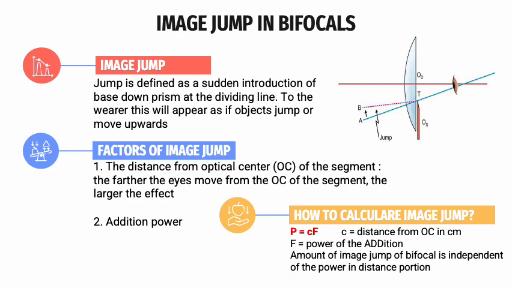The effect of the image jump can be calculated using Prentice's rule, P equals CF, where P is the prismatic effect due to jump, C is the distance from the dividing line to the segment optical center, and F is the addition. The amount of image jump of a bifocal is independent of the power in the distance portion.